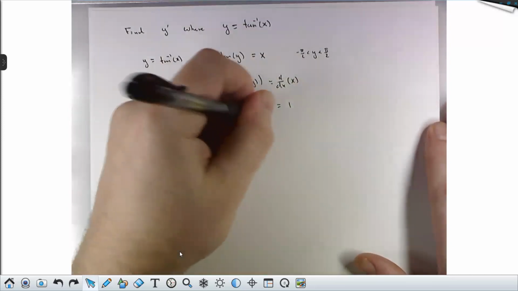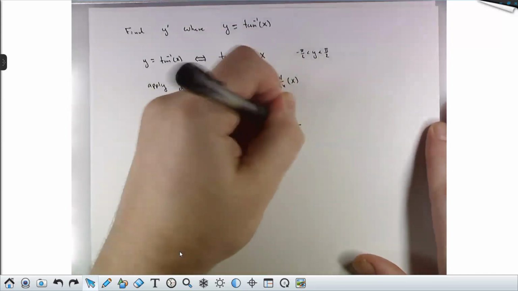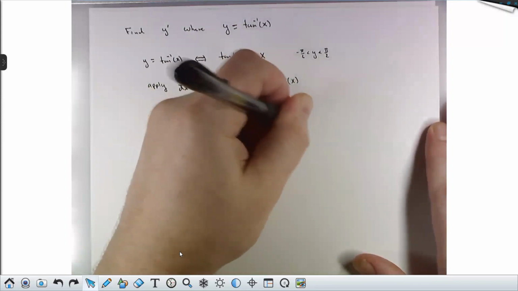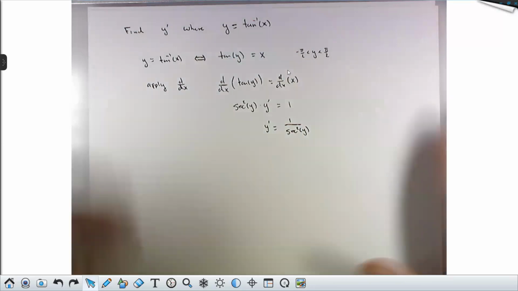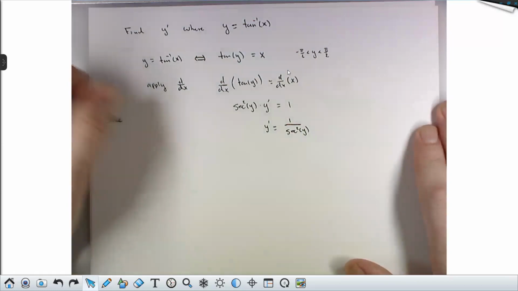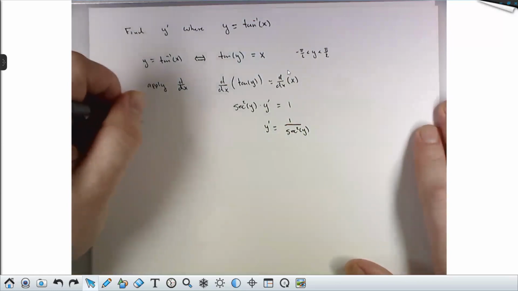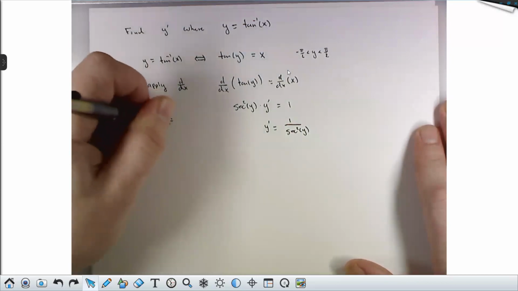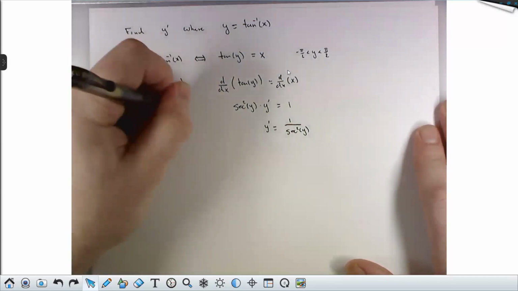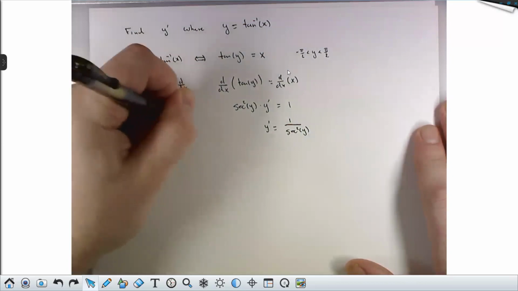So y prime is 1 over secant squared of y. And that's a true statement. It is an implicit statement, though. I would like an explicit statement. So again, I'm going to use this to draw a triangle. Since the tangent of y is equal to x, which is x over 1, I can interpret that as an opposite over an adjacent.